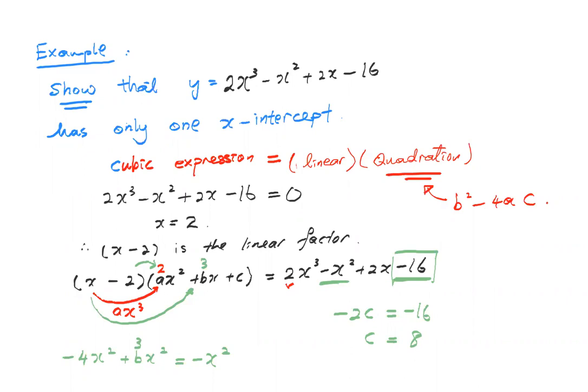So now we get everything. Let's write down: x minus 2 times 2x squared plus 3x plus 8 equal to 0.